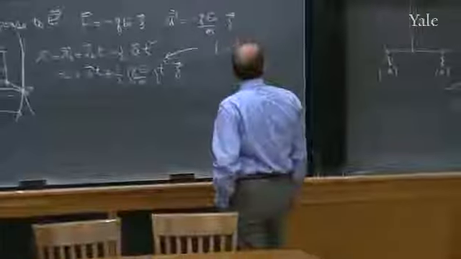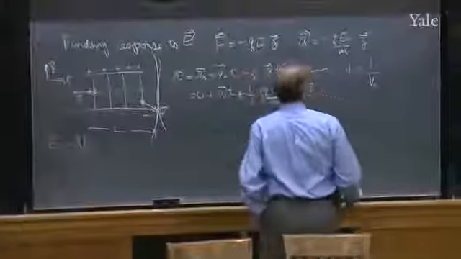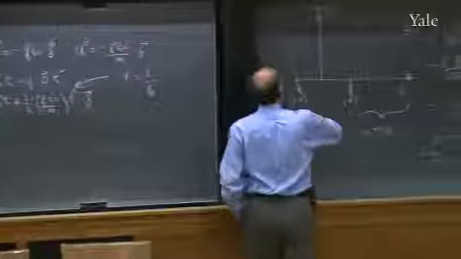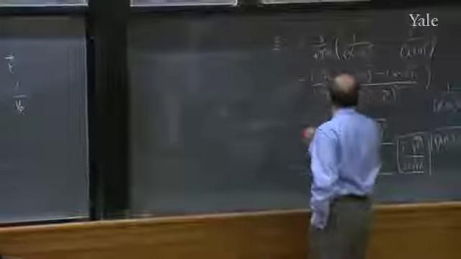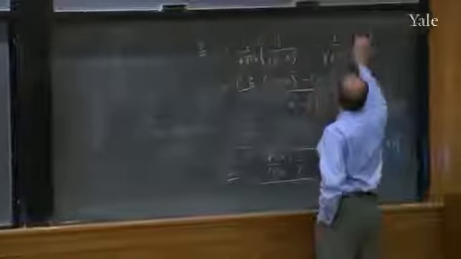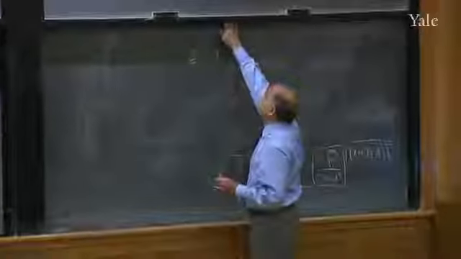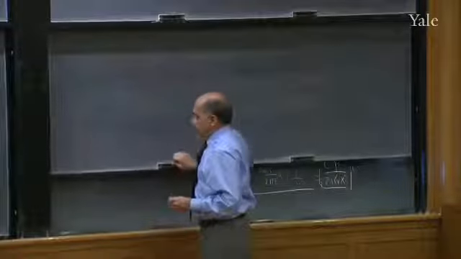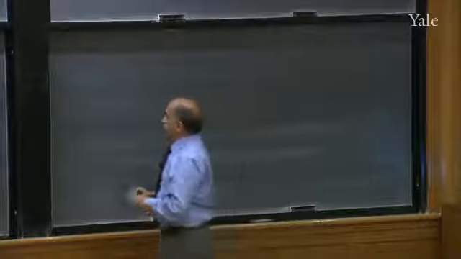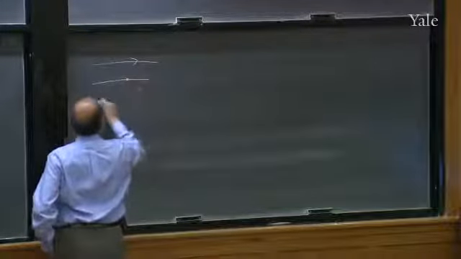All right. Final thing to discuss is, what is the force of a uniform electric field on a dipole? So let's take an electric field in the x direction, like that.